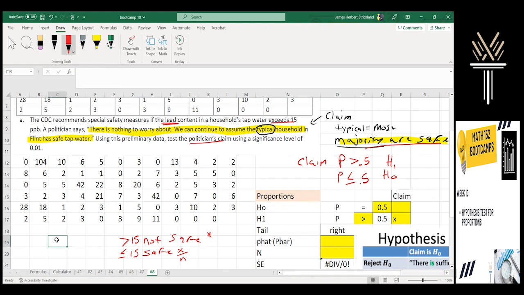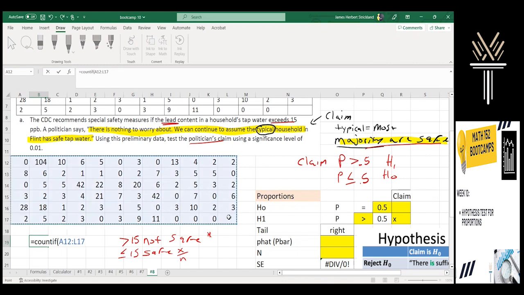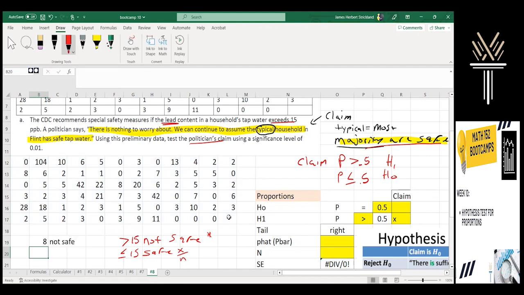We can do that by saying equals COUNTIF, this range where our data is, comma, quote, greater than 15, quote. Otherwise, you can just manually calculate how many. What this does is count how many numbers in that group are over 15. And there's 8 of them.